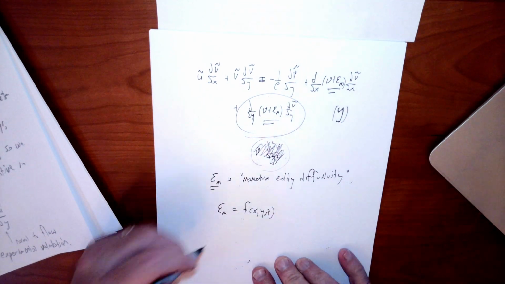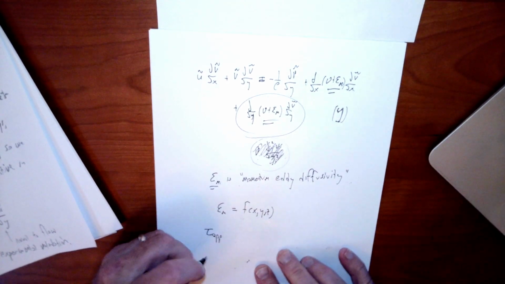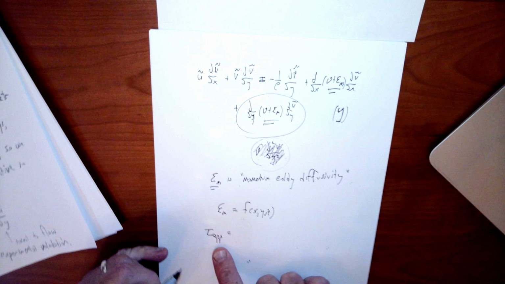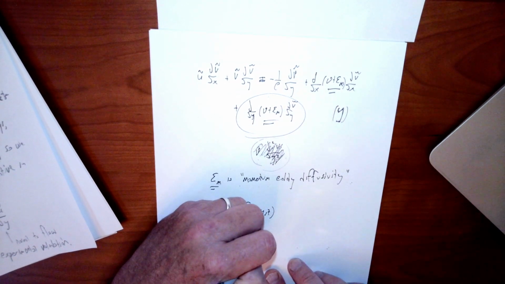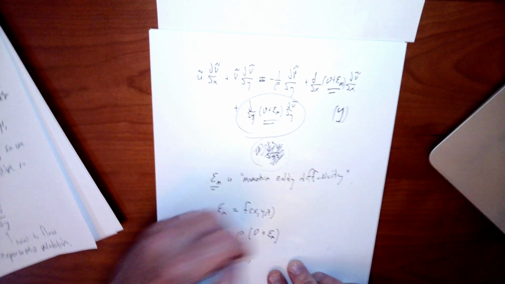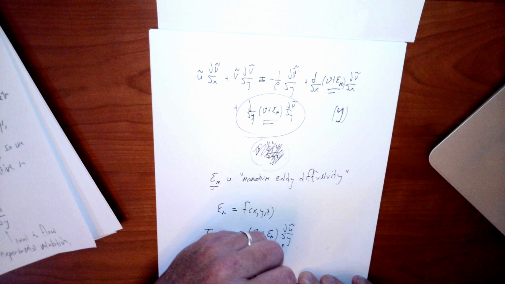And it increases friction. If you want to come up with the shear stress, it's called the apparent shear stress when you're dealing with turbulence. And that would be rho times nu plus epsilon m times du dy, if of course you were talking about normal to the surface.